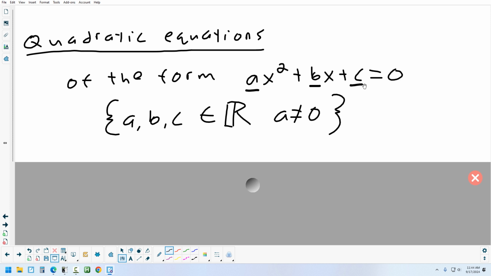A, b, and c can be any numbers that you want, except a can't be 0. What would happen if you plugged in a 0 for the a? It would get rid of the x squared and make it linear. All you'd have is bx plus c, which is now linear. The highest exponent would be a 1.